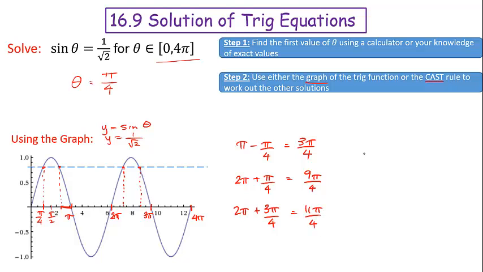So altogether, my solutions for theta are pi over 4, 3 pi over 4, 9 pi over 4, and 11 pi over 4. And I know that 4 solutions is correct because if I look at my curve and the line y equals 1 over root 2, I can see that there's 4 intersection points, and that's it.